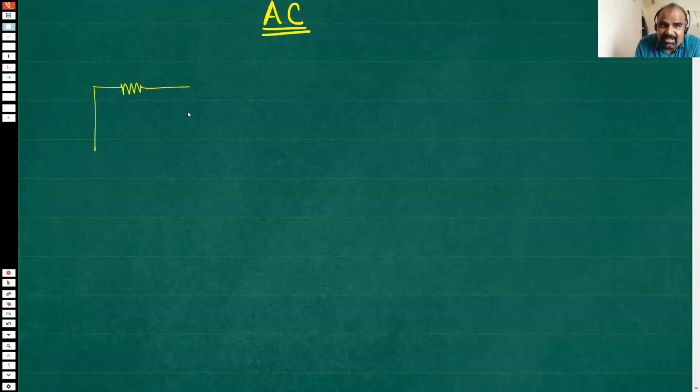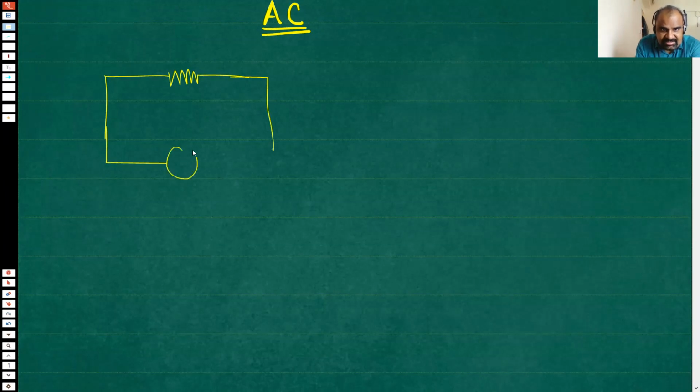So imagine I'm taking a very simple AC circuit. At this moment, I'm taking a simple resistive circuit connected to an AC source. The AC source symbol is like this.